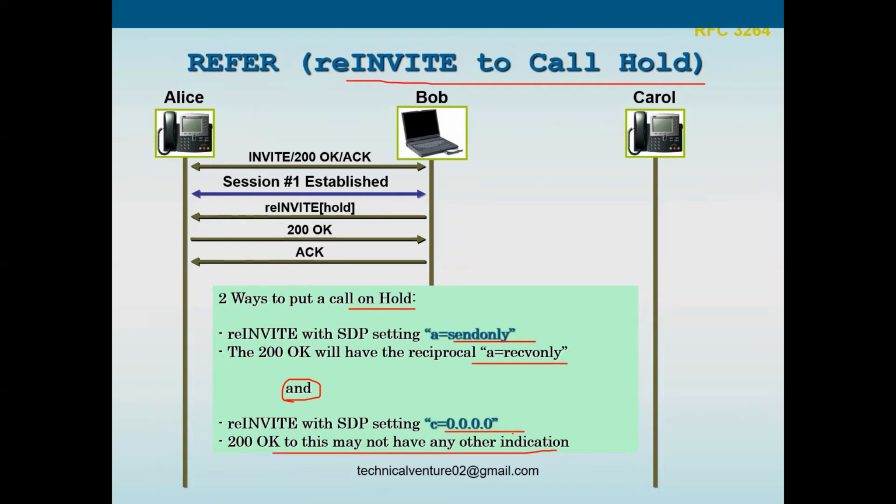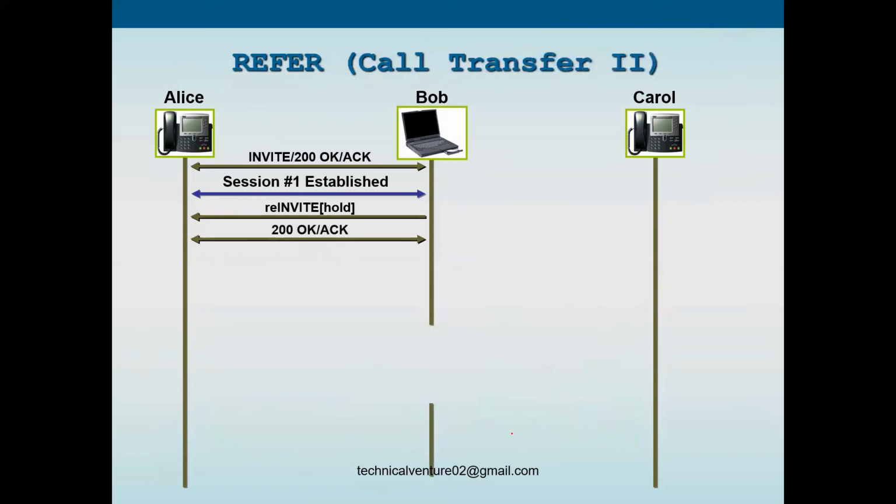So let's move on to the same thing, where Bob will invite someone else. The 200 OK and acknowledgement were there already. Now Bob, since it already sent a request to Alice to put on hold, will invite Carol in this example, and then a session will be established with INVITE, 200 OK, acknowledgement.